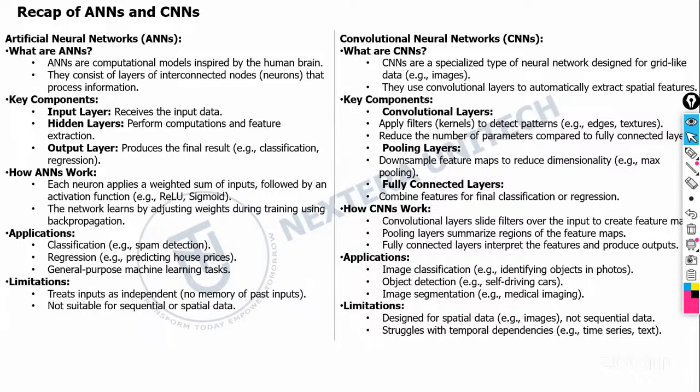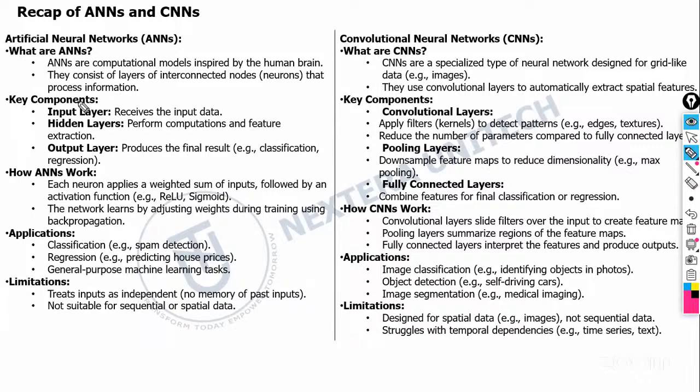Why should we use ANN? ANN helps us to mimic the human brain, as neural networks are inspired by it. All the layers that we have inside a neural network are interconnected based on the neurons, and these help us to process the information.